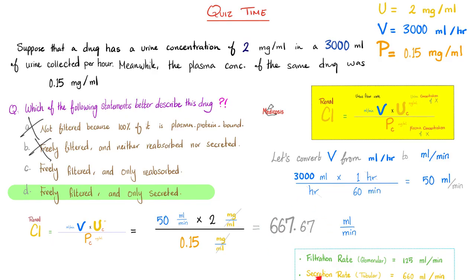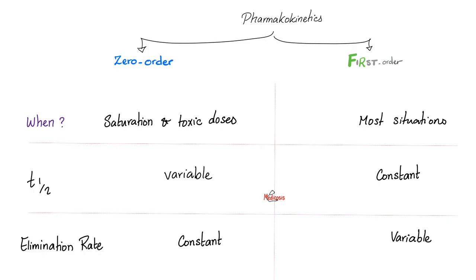Look at this number and look at the secretion rate, which is very similar. This drug is filtered and then secreted. It was not reabsorbed, because if it were reabsorbed, you would find that the answer is smaller than the 125 GFR. But the answer was greater than the GFR, which means someone is dumping more drug onto the kidney tubule. This is called secretion.